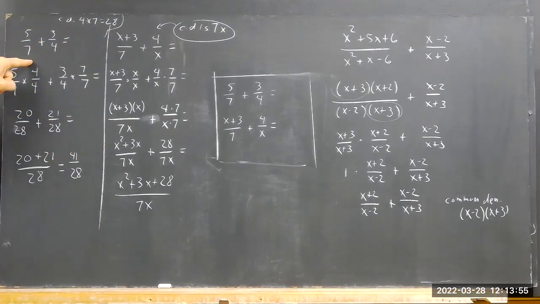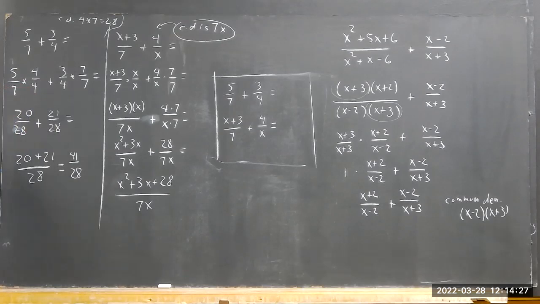Well, obviously 4, right? So I do 7 times 4 in the denominator, but I can't just do 7 times 4 in the denominator. That would change the value of the fraction. But if I do 7 times 4 here and 5 times 4 up here, if I multiply both the numerator and denominator by 4, I don't change the value of the fraction. I get 20 over 28, which reduces back to 5 over 7 if you want to reduce it.